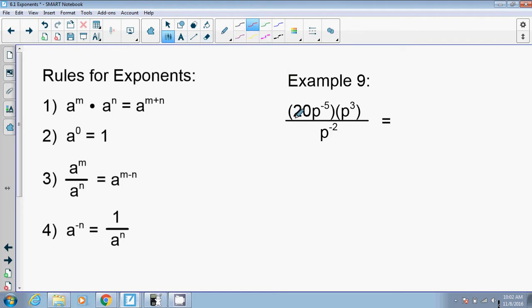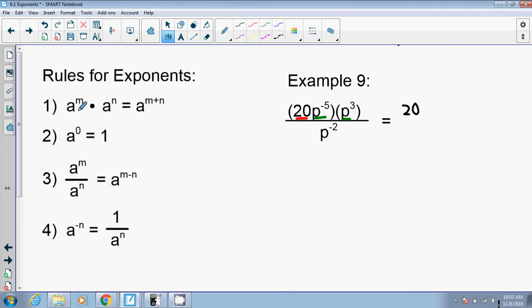So I know in the numerator here I have a 20. I don't have any number in the second one, so I'm not able to multiply that. In the numerator I also have a p to the negative 5th, but then I also have a p cubed. So I'm able to multiply those because they have similar bases. So when I multiply these out here, in the numerator I have 20 p to the negative 5th times p cubed.